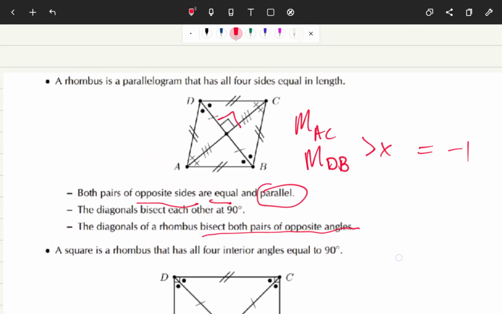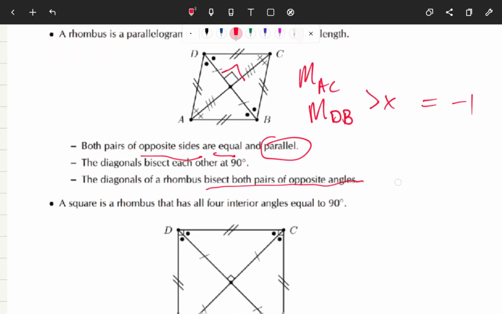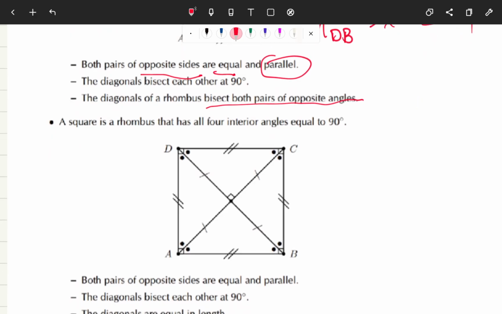Of course, here all the sides are equal. Same as a square, all the sides are equal. The sides are also parallel.